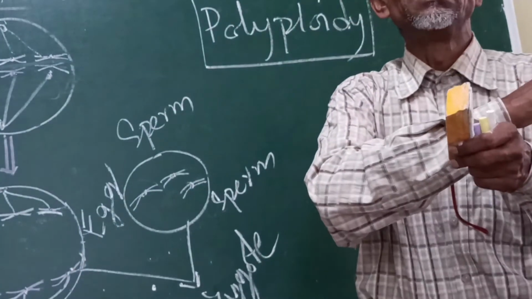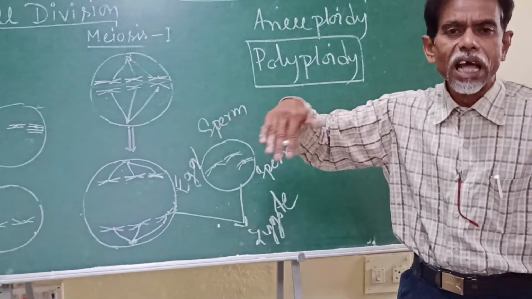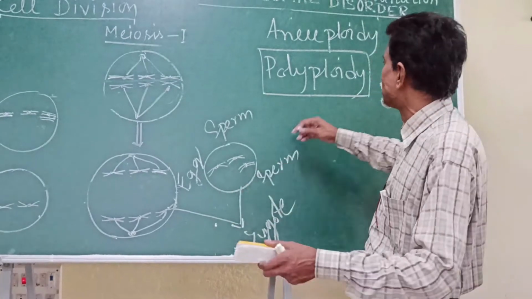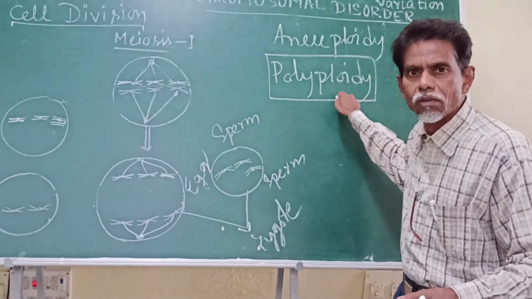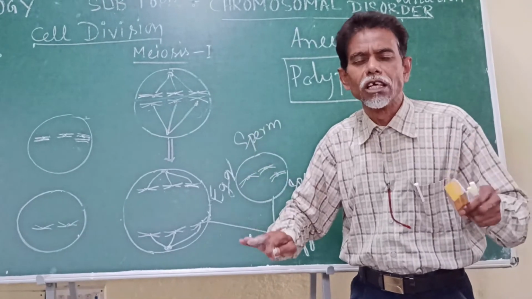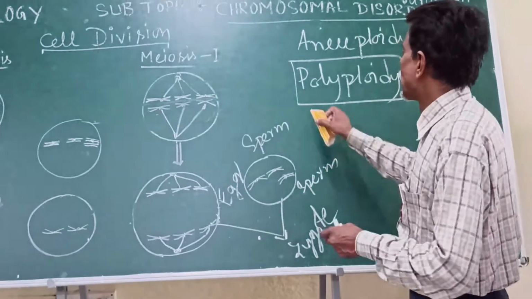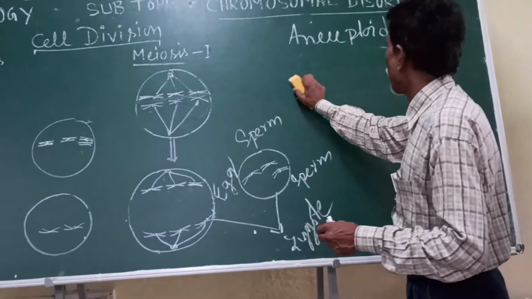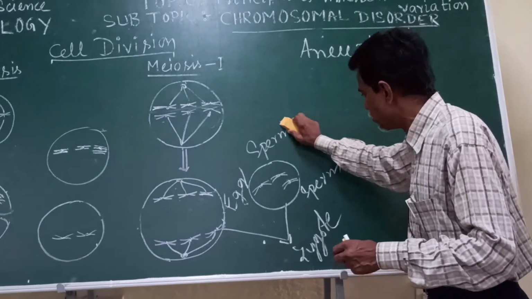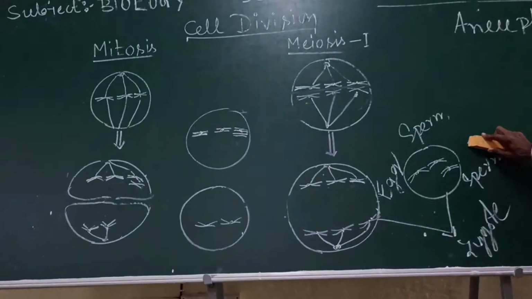So when there is an additional entire set of chromosomes, that phenomenon we call polyploidy. Is that clear? Generally, polyploidy happens in plants, not in animals. Okay? So we shall be talking to you about aneuploidy in detail. And the reason for aneuploidy we have already discussed.